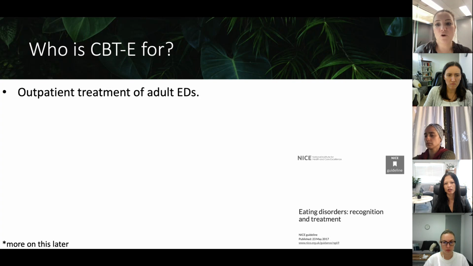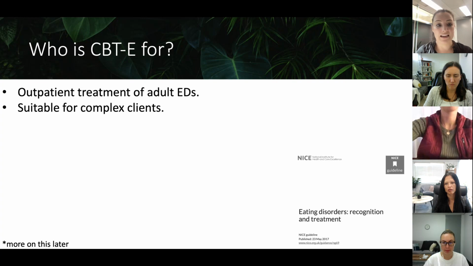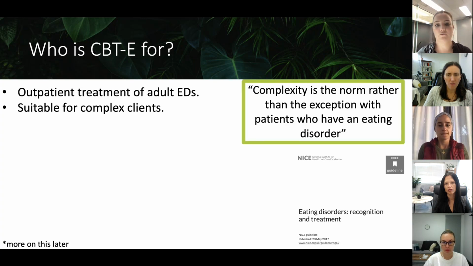So who is it for? It's recommended by the NICE guidelines as one of the leading treatments for adults with an eating disorder. It is suitable for complex clients, and I really love this quote from the textbook, where Fairburn says, complexity is the norm rather than the exception with patients who have an eating disorder.